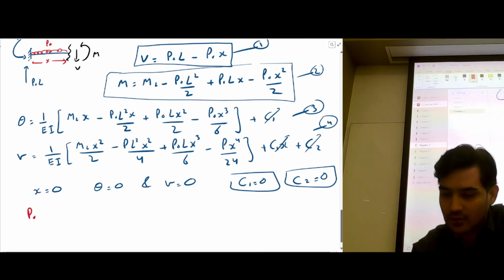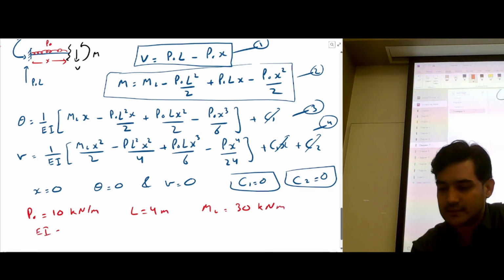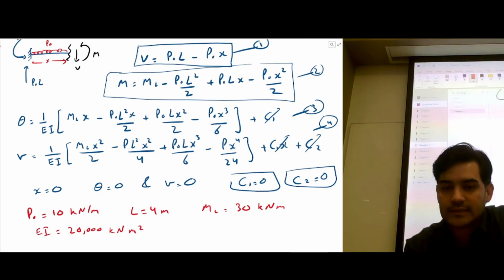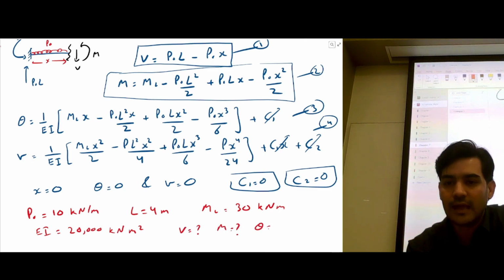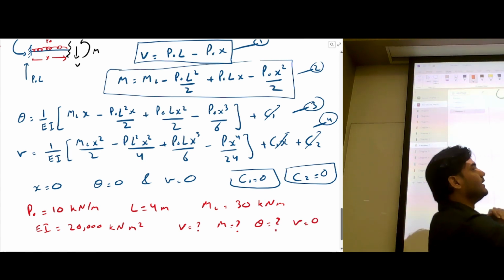So if P naught is 10 kilonewton per meter, length is 4 meter, moment is 30 kilonewton meter, and EI is 20,000 kilonewton meter square, at the end of a cantilever beam, you guys can give me shear force value, bending moment value, bending angle, and displacement at the end of a cantilever beam.